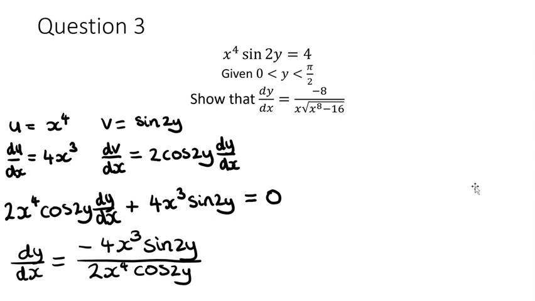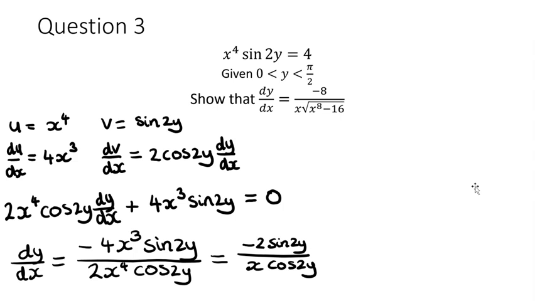One thing we can do quite quickly is say that 4 divided by 2 is 2, and x cubed divided by x to the power of 4 just leaves us with an x on the bottom. So let's do that part first, and then we'll deal with the sine 2y's and cos 2y's.